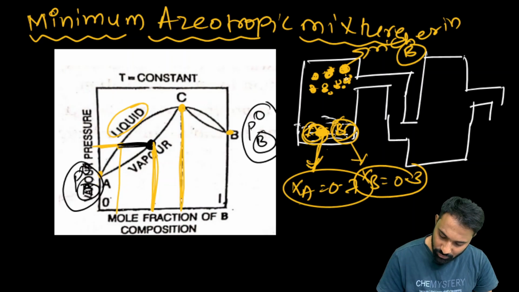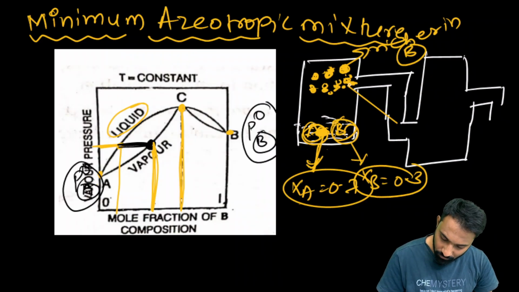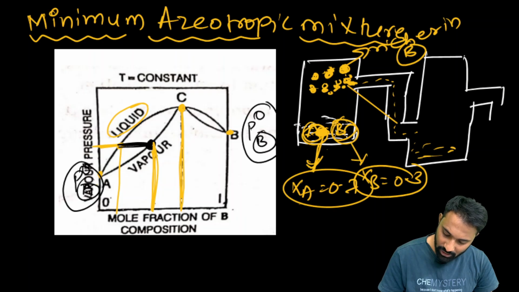Now what I was doing, I was condensing this mixture. What is the meaning of condensation? Making the gas into liquid. When this gas is condensing, it is converted into another component.